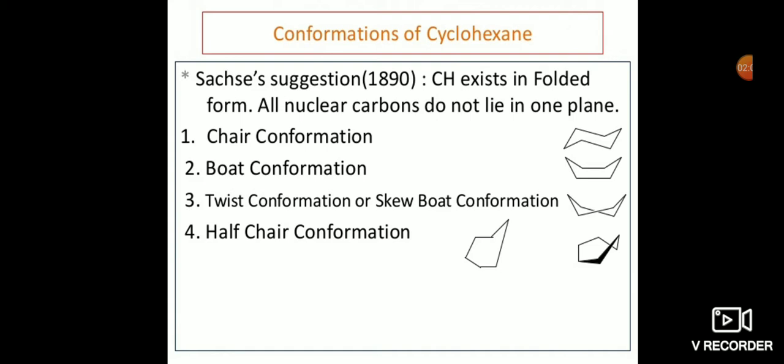In the chair conformation you can see it's like a chair. In the boat conformation it looks like a boat, then the twist or skew boat conformation, and the last one is the half chair conformation. So there are mainly four conformations of cyclohexane, and we will see them in detail.